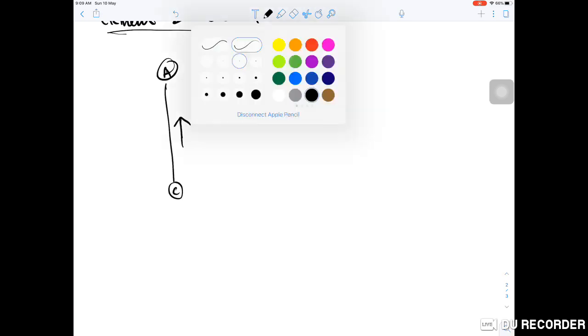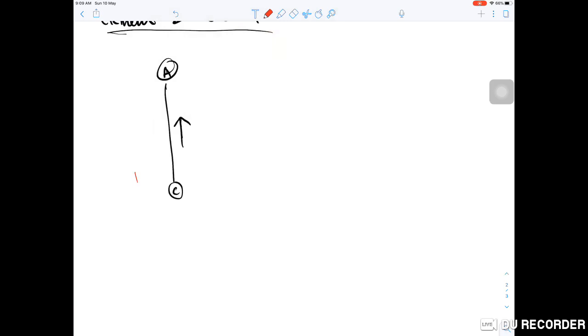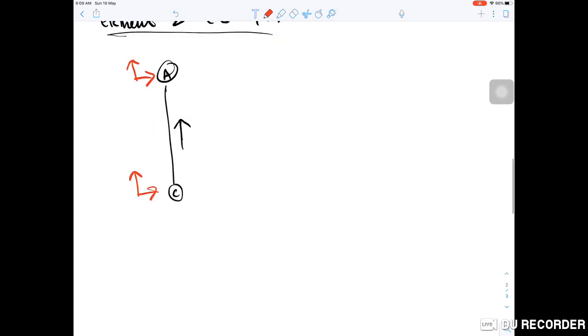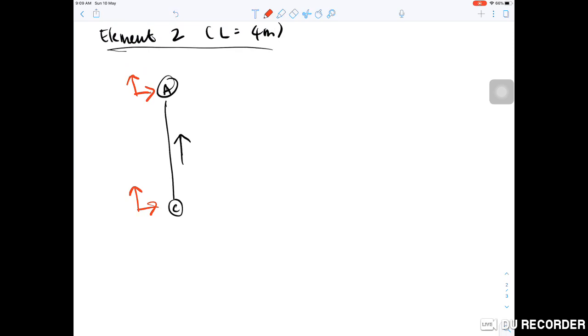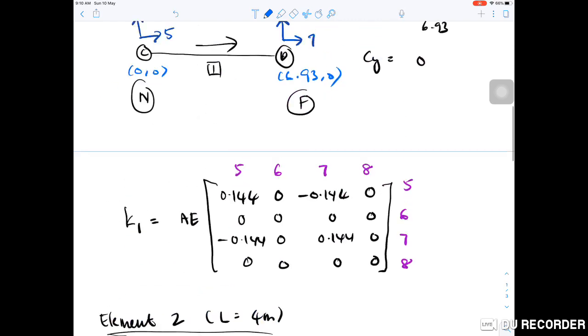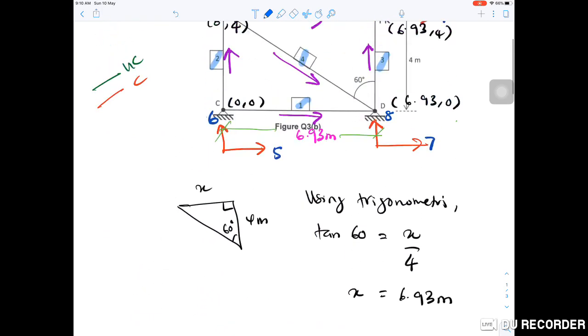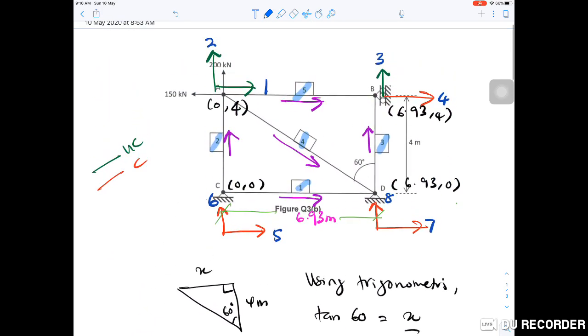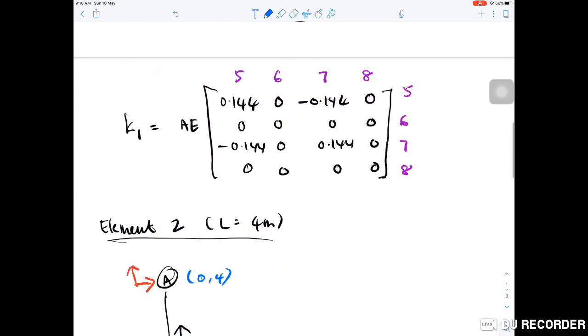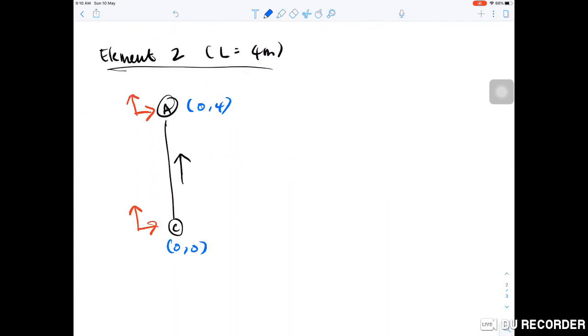Then the degrees of freedom here and here, and the coordinates as well. The coordinates are 0, 0 and 0, 4, and the degrees of freedom are 5, 6, 1, 2.